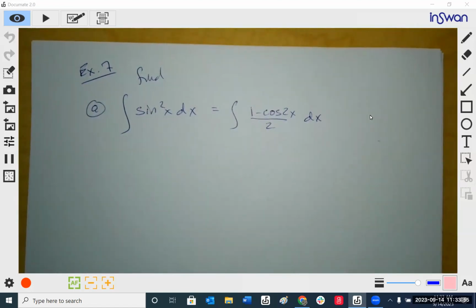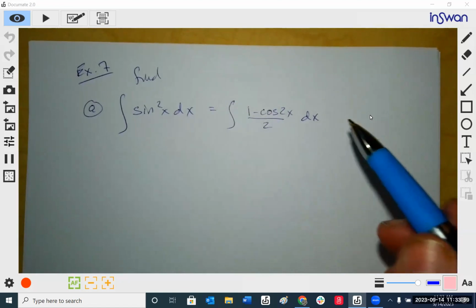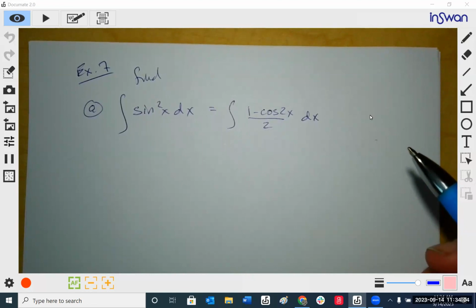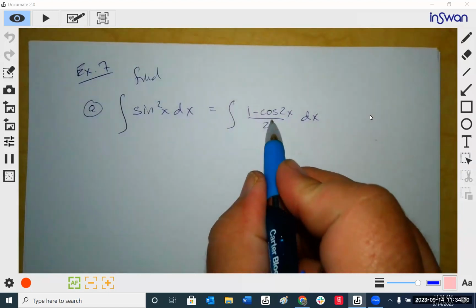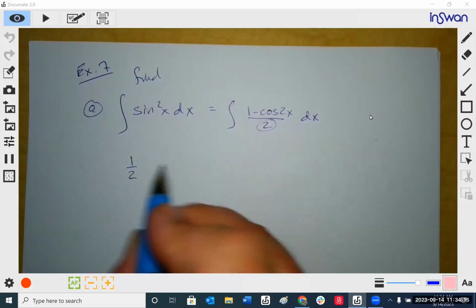Because we could have done 1 minus cosine squared, but that would be a little bit more tricky. It wouldn't give you a wrong answer. It would just take a little longer to get there. Okay, we have a denominator, so we could bring that denominator out in front.